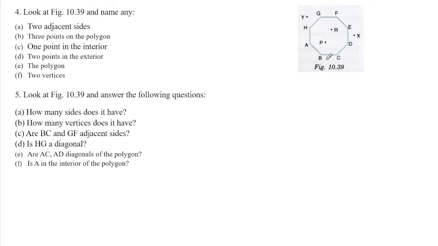So here we have A, B, C, D, E, F, G, H, not I, okay, just H. This doesn't go on till Z, only till H. So A, B, C, D, E, F, G, H. There's no I. Okay. So we have these are the points. So now we have to name the polygons.